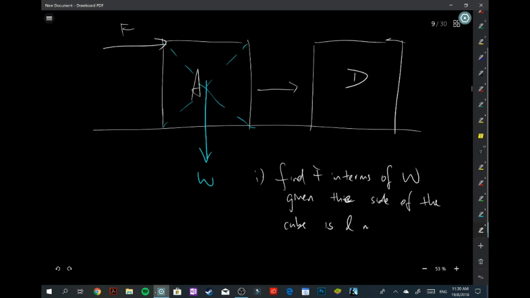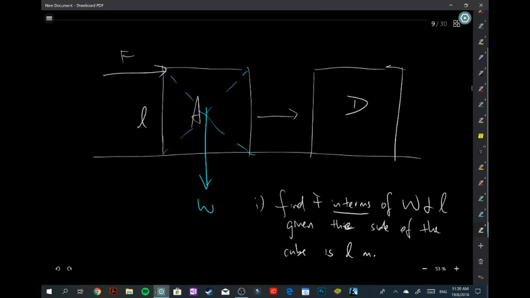So in terms of W and L. The sides are all L. This is a square.